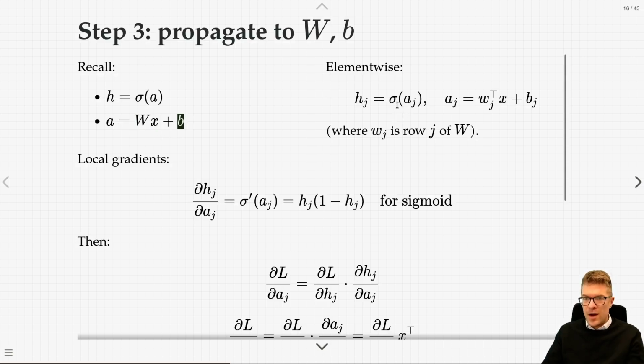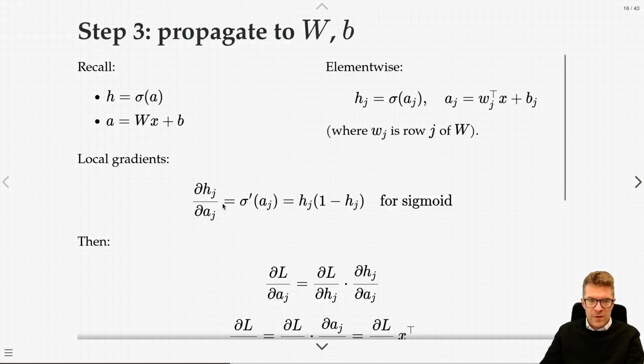There are element-wise functions here. So for every activation a sub j, this is passed through a sigmoid, giving us the hidden value h sub j, and so on. And j is just a row of w. So we have local gradients for each of our variables.